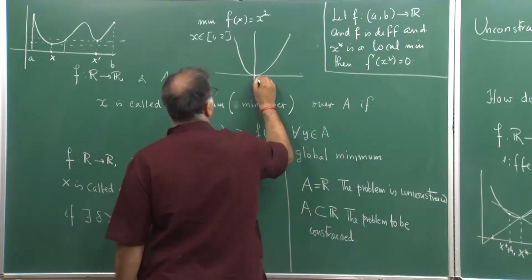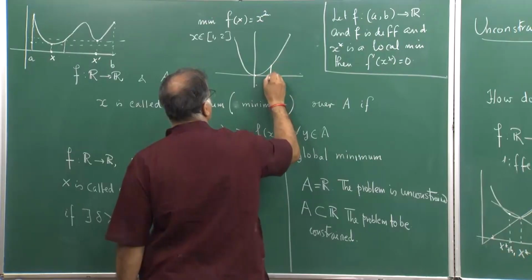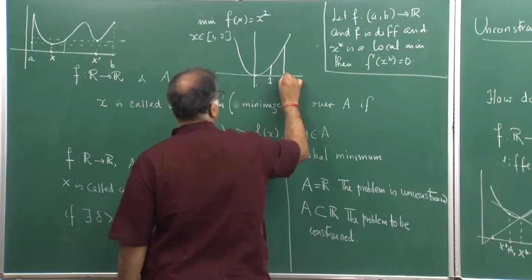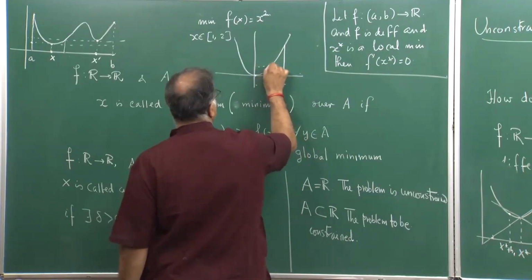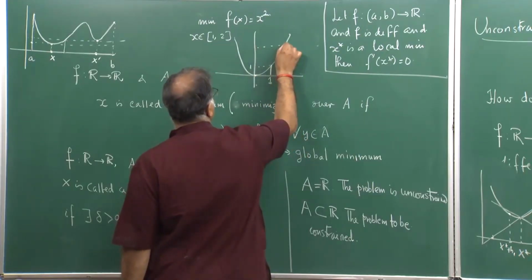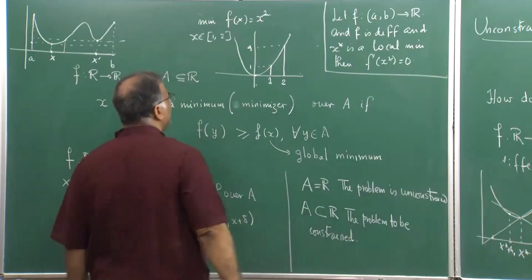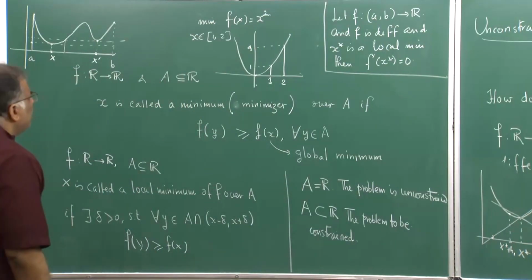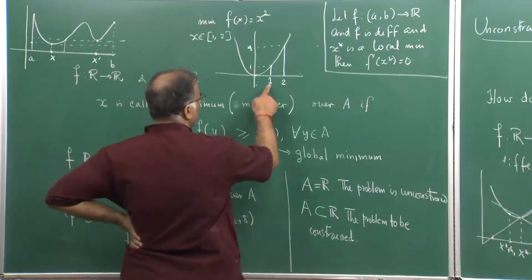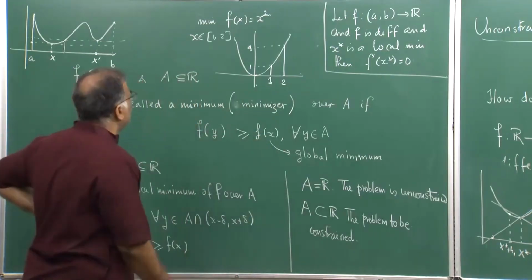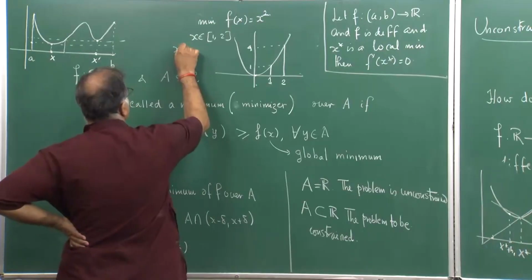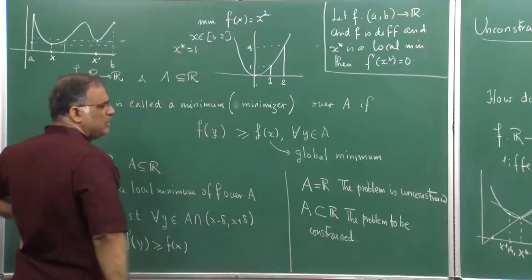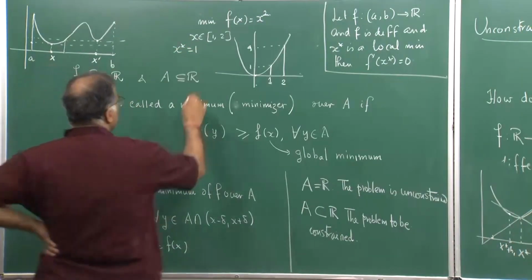So this is 1 and this is 2; at 1 the value is 1 and at 2 the value is 4. So over 1, 2 the minimum value is obtained at x equal to 1. In this case x star is the global minima, which is 1, but what is f dash x star?